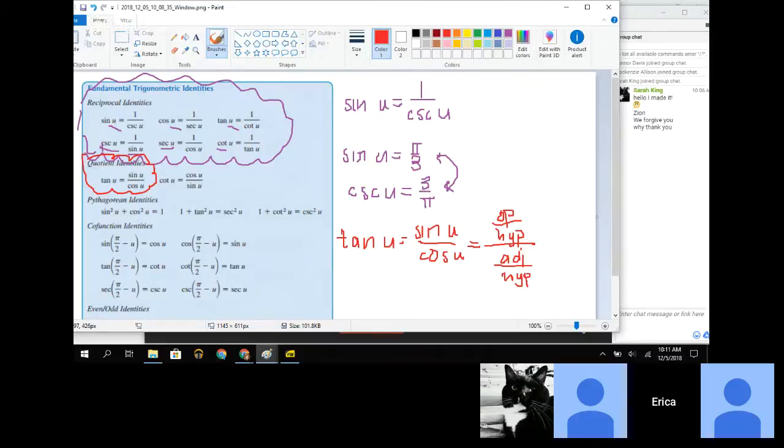And when we have a weird fraction like that, we get to cross out since they're the same denominators, and we end up with the opposite over the adjacent. And by definition, SOHCAHTOA, the tangent is the opposite over the adjacent. So you can do a really quick derivation to see that that's true, right? And then the cotangent of u, which is 1 over the tangent, just means that we're going to flip the sine and the cosine from the top to the bottom.